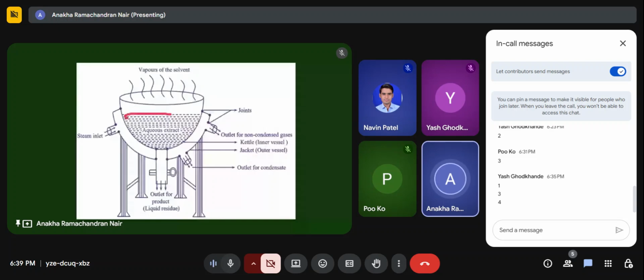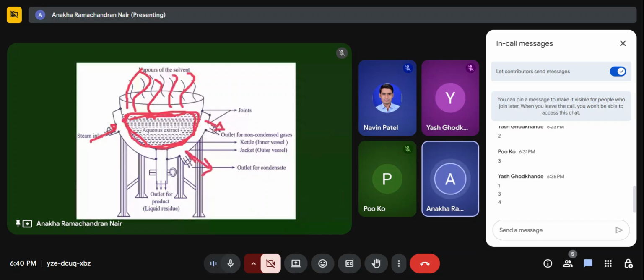You have a steam inlet which will heat the material inside slowly. You have an outlet for non-condensed gases, an outlet for condensates, and an outlet for product. After it has gone down in amount, you can open this valve and release the product.